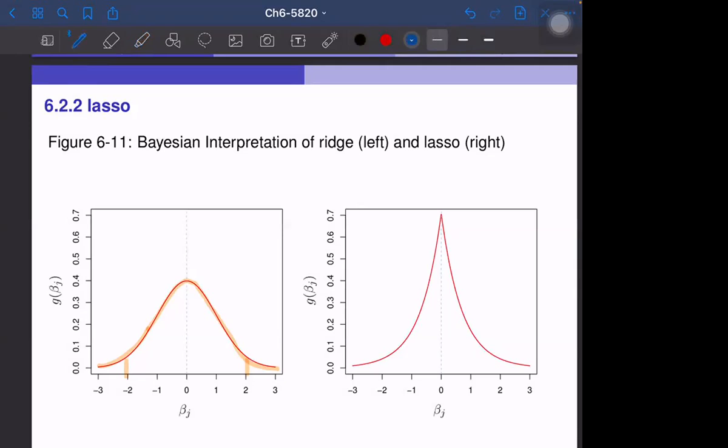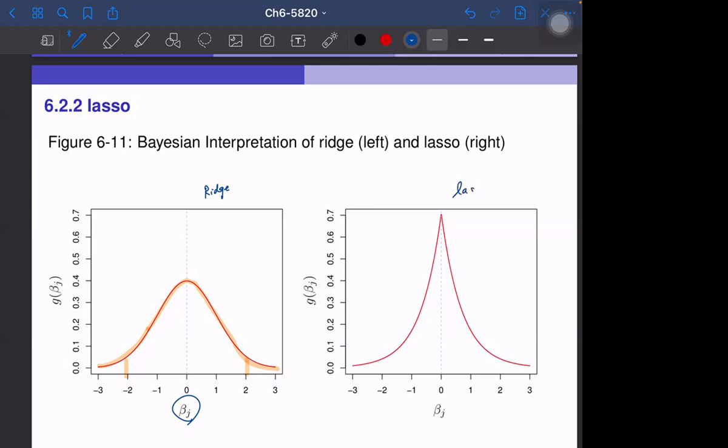This is the assumption of ridge regression. With this interpretation, we can see why in ridge regression the estimated parameters are small. Originally we have a prior distribution of beta j, and the prior assumes that beta j is not likely to be very large. That's why the estimated beta j hat isn't really large.